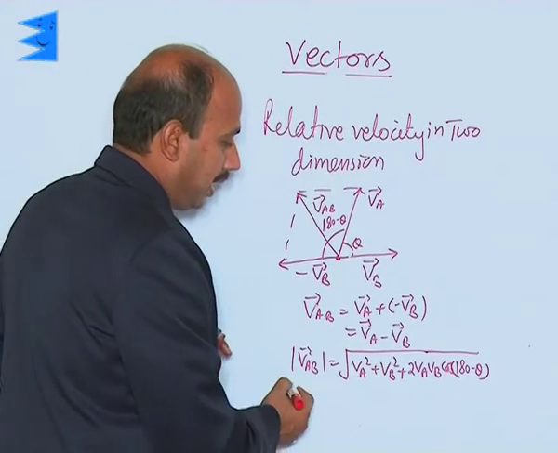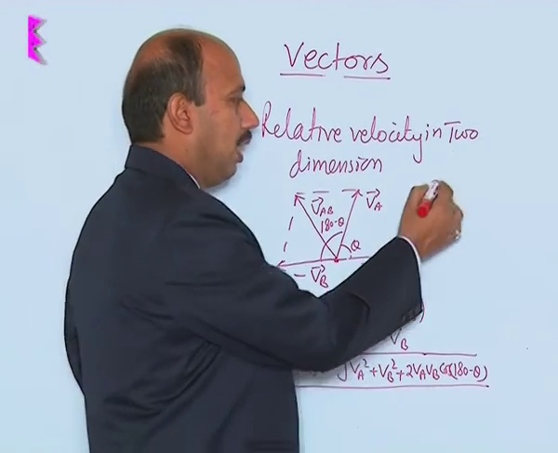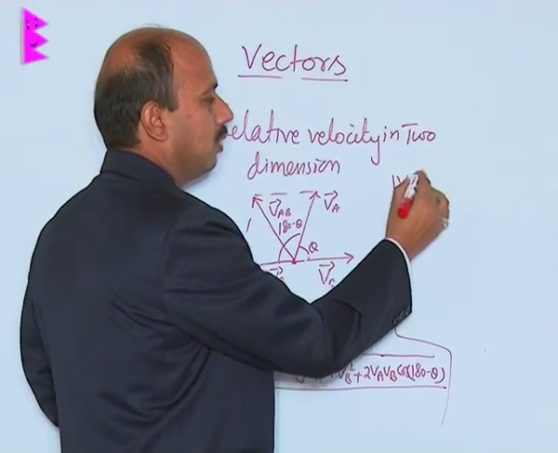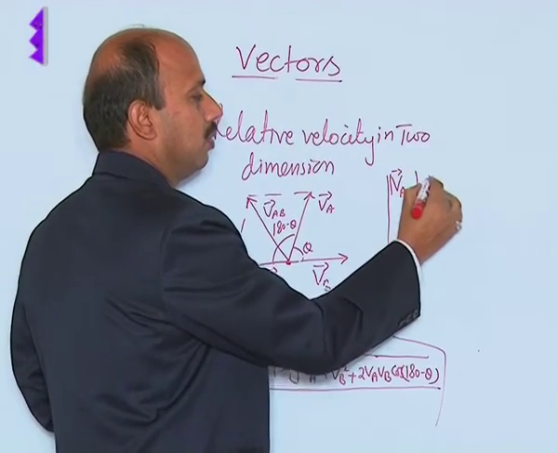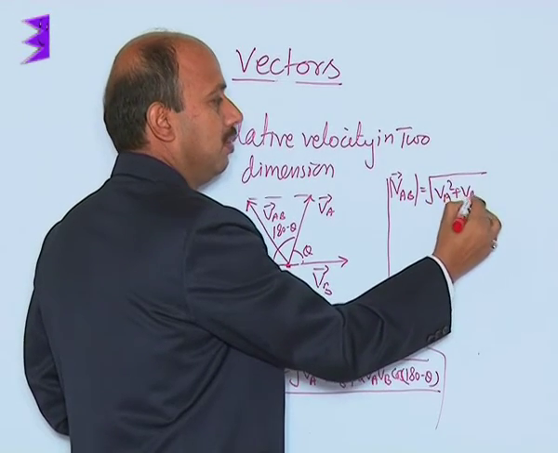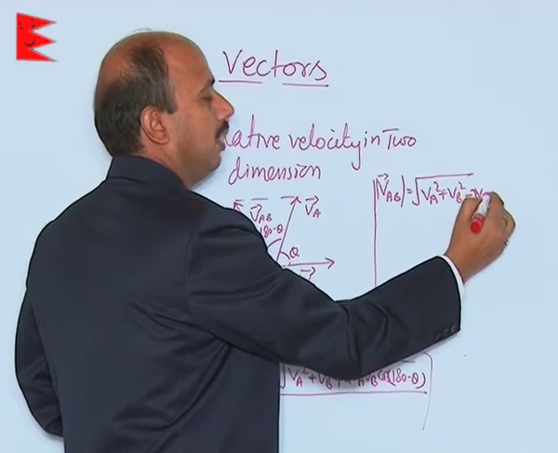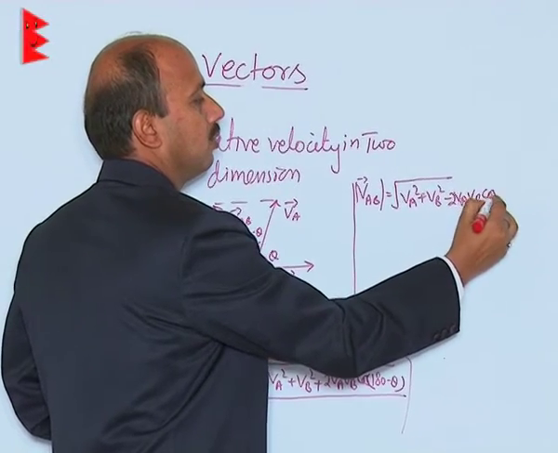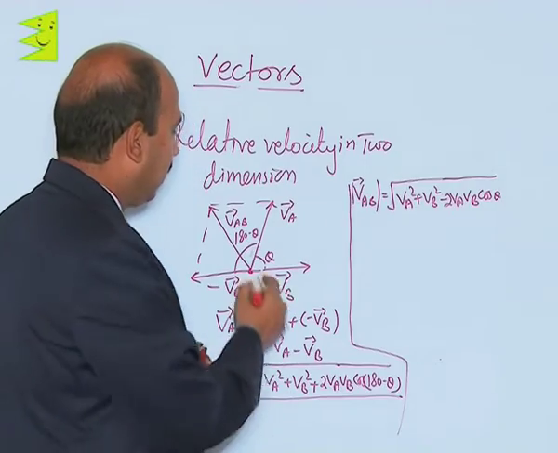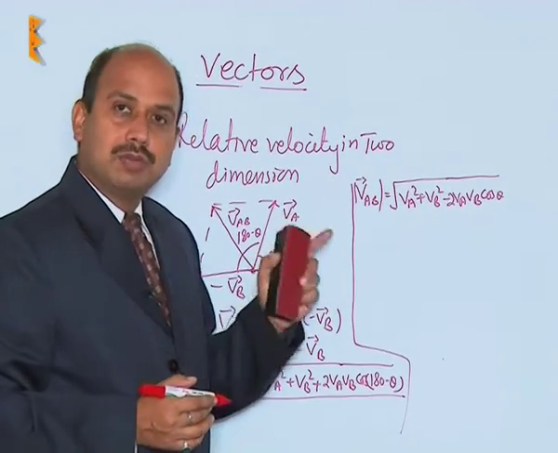Now we can simplify it also here, and we can write that the magnitude of VAB is equal to under root of VA square plus VB square minus 2 VA VB cos theta. So this is the resultant of these two, that is relative velocity of A with respect to B.